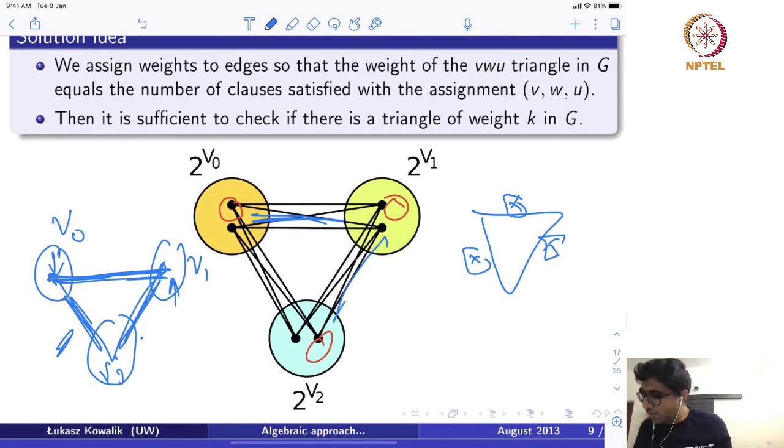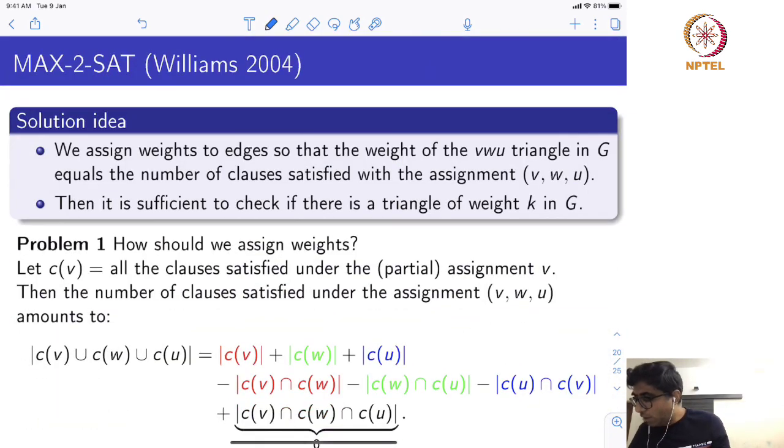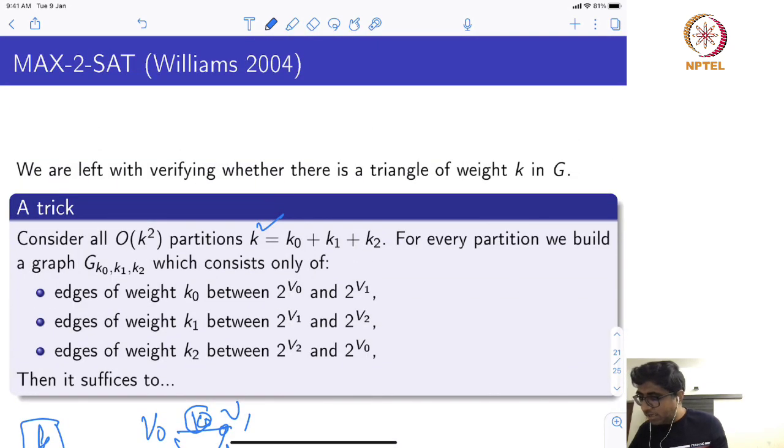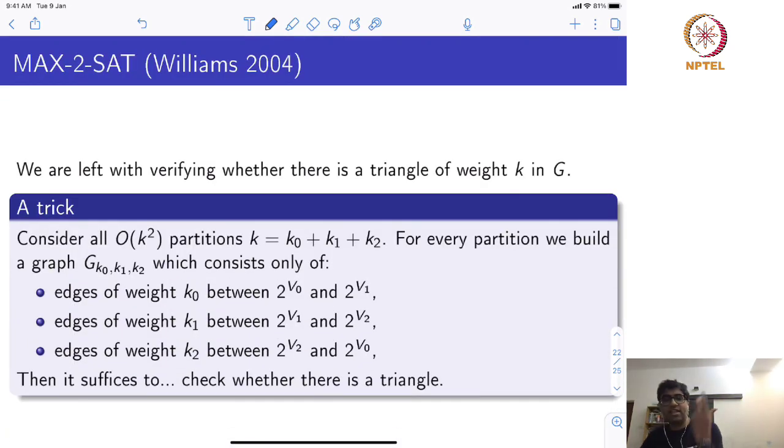You delete all the edges from here whose value is not equal to k1. You delete all the edges from this. So now the property is that it suffices to check whether there is a triangle at all, because if there is a triangle in our graph, then any triangle must contain an edge, because it's a tripartite graph.